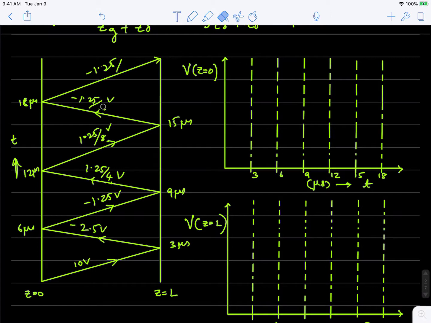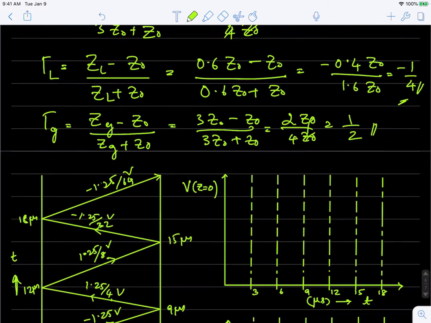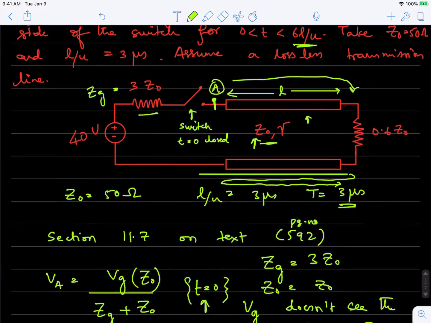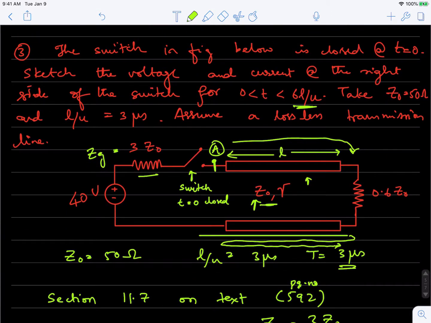Okay, sorry, so this was 32 and this is 64. So all that we have here is the different voltages along the different timelines. Now how do we go ahead and plot the voltage at the required point? We are required to find the voltage exactly on the right side of the switch, which means we have to plot the voltage at A.